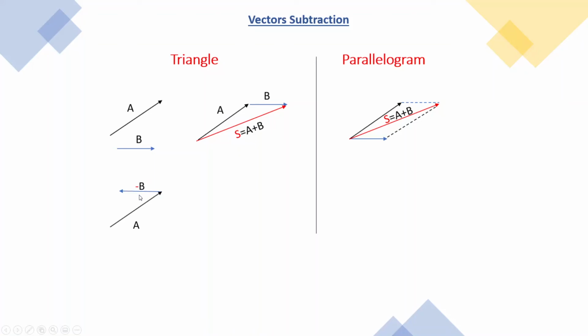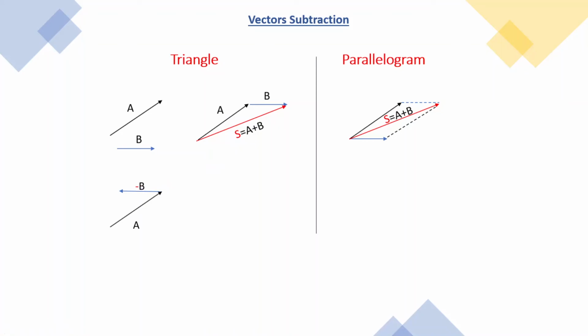It is a vector exactly the same size as vector B but in the opposite direction. So when you convert the direction of a vector to the opposite side, it is the negative of that vector. And then you can follow the same process you applied for the triangle method.